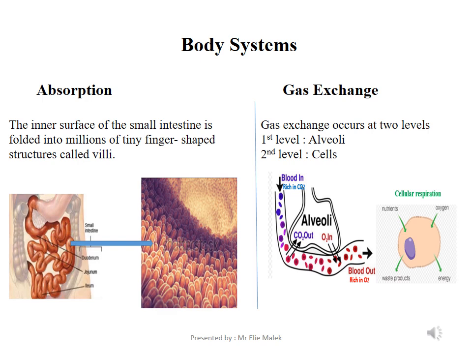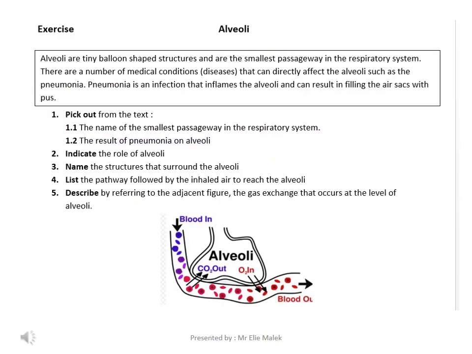As a result, blood rich in oxygen is transported to the cells where the second gas exchange takes place. This is cellular respiration. Cells absorb oxygen from the blood and release carbon dioxide again to the blood, and the cycle continues.